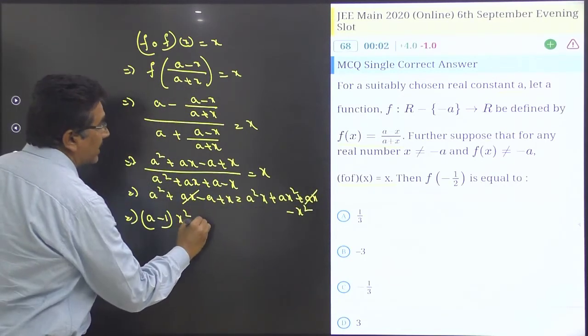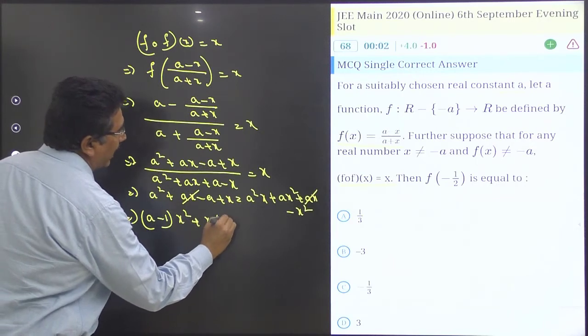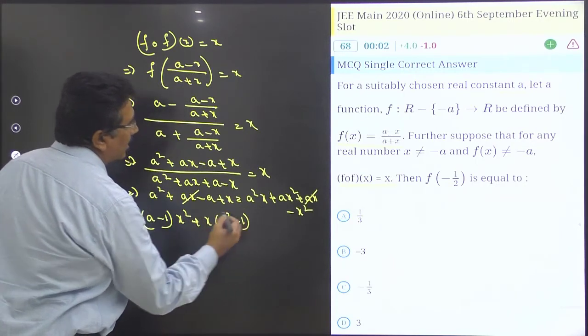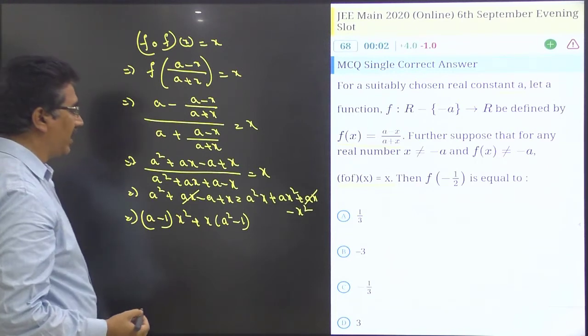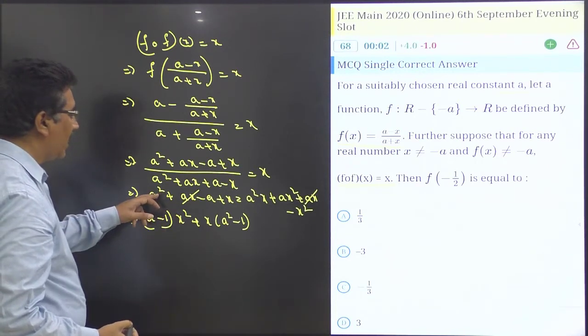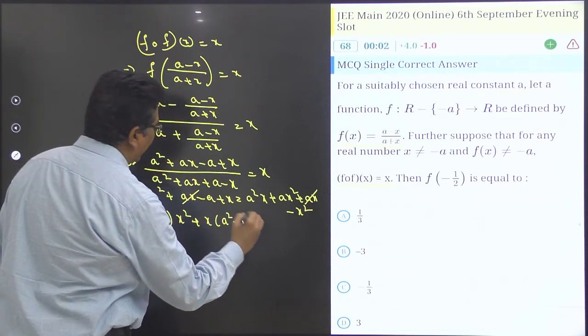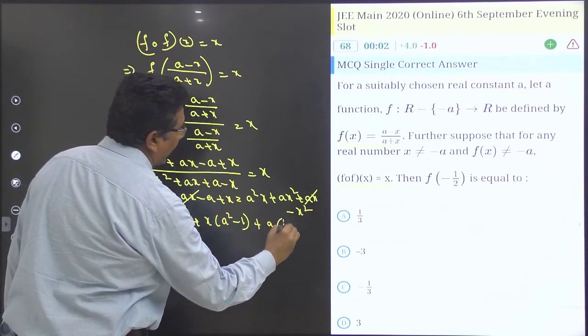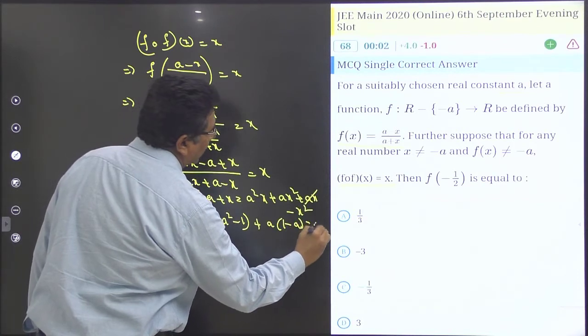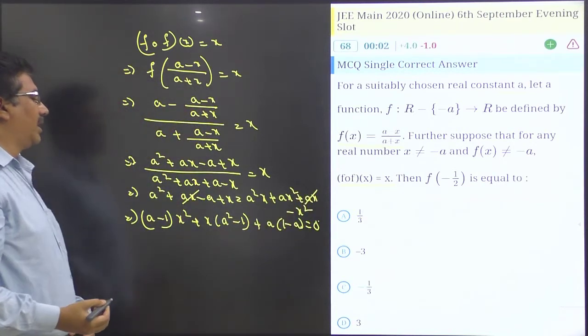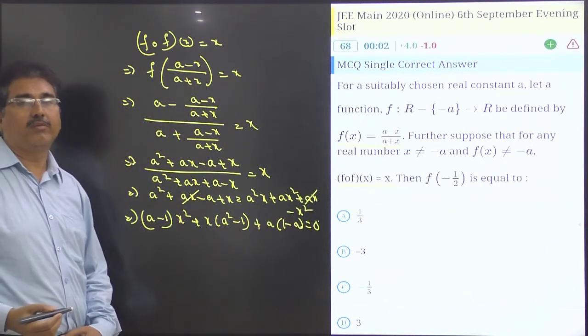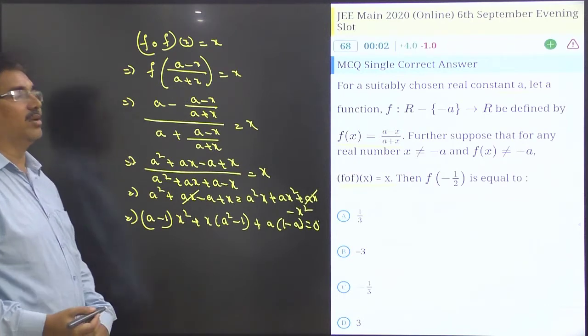Here take x as common, (a square minus 1). Now this is a square minus a plus a minus a square, a into (1 minus a) is equal to 0. Now this is true for all x belong to R.